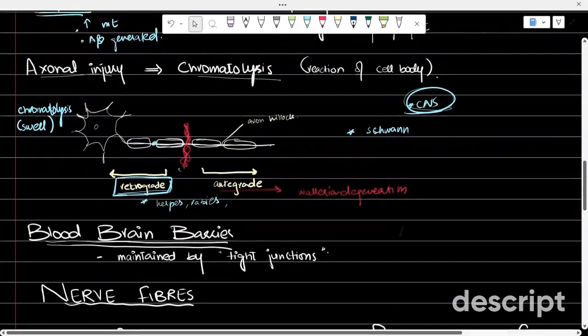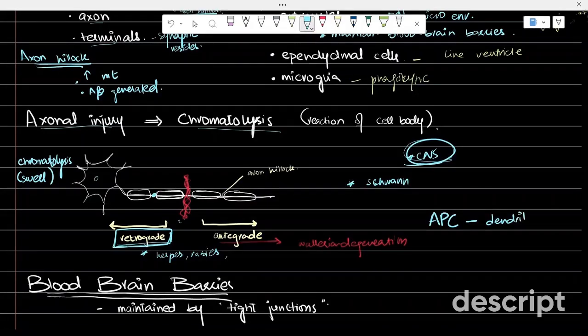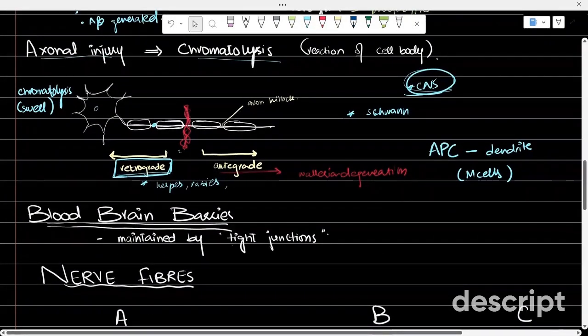Another important point is that the antigen presenting cell is always the dendrite. However, in the intestines, it is M cells. The blood-brain barrier is maintained by tight junctions.